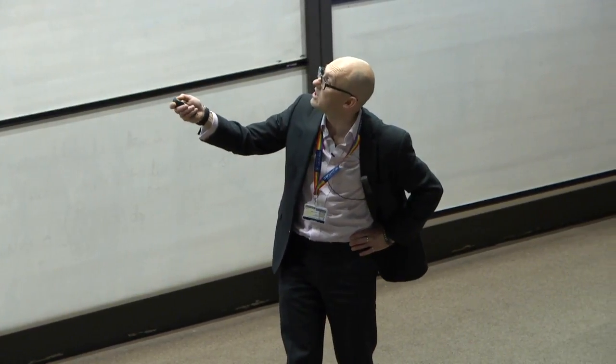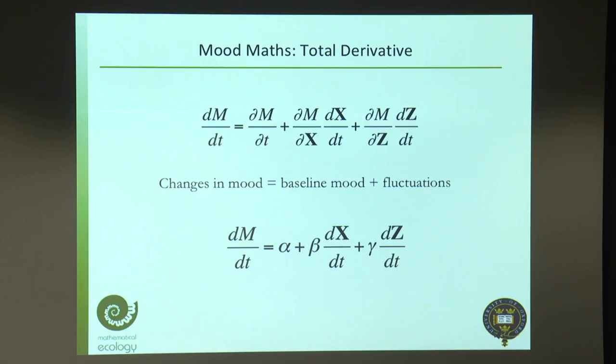So we can write out this differential equation in terms of the change in mood is just baseline mood. That's just going to be flat. It's just some constant that's not going to change over time. And then these things are going to be fit. So there's going to be fluctuations to do with this oscillator and this oscillator, with some magnitude associated with the parameters in front of that.